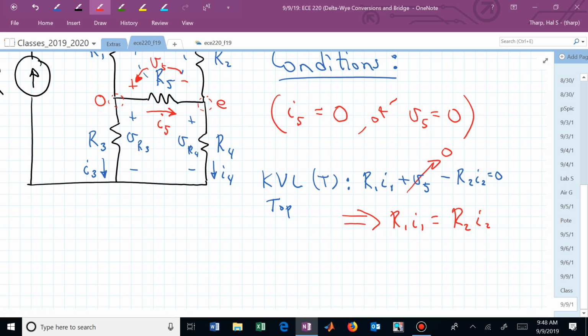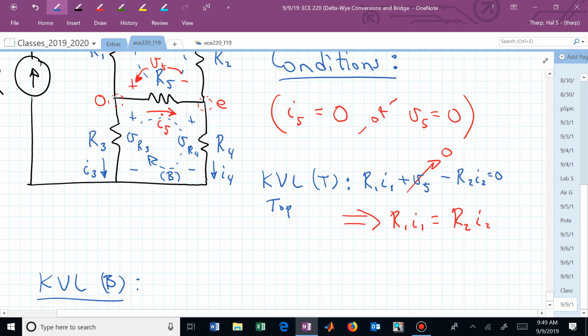What about the KVL at the bottom? Which way do I want to do that? Let me just go ahead and do it this way, which is the opposite, which is what I shouldn't have done, but I did.